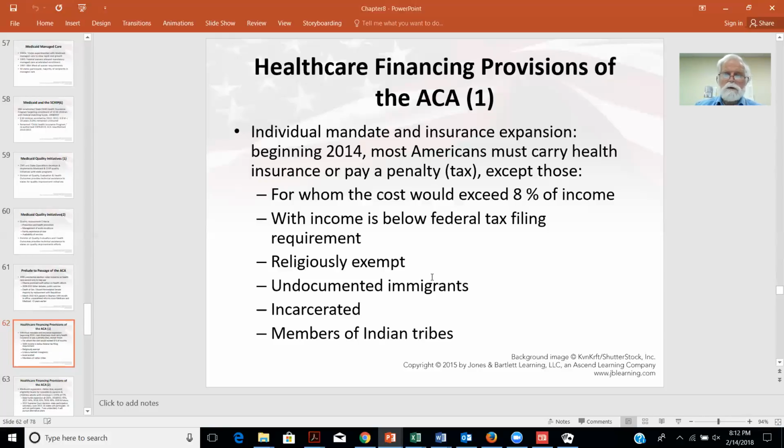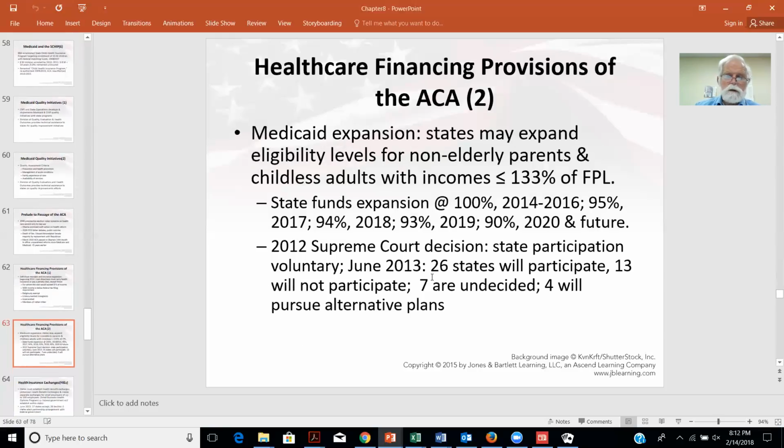Undocumented immigrants generally don't buy insurance. Medicaid was expanded, and a large part of that was to be picked up by the states. Then the state participation was made voluntary by our Supreme Court.